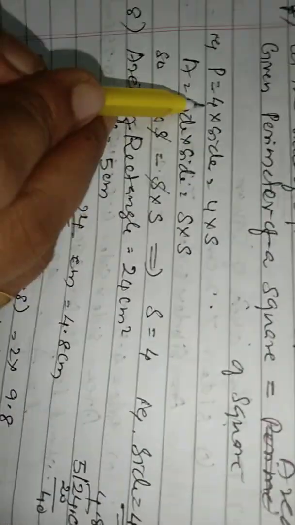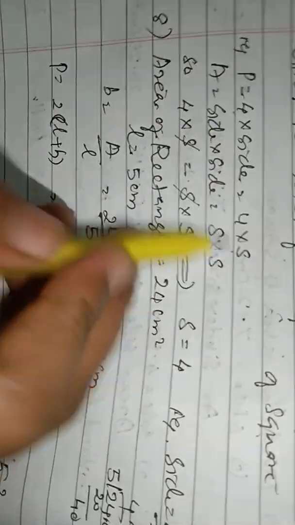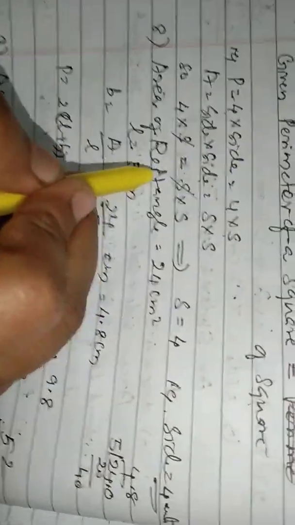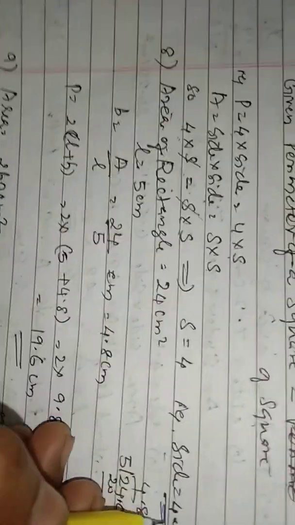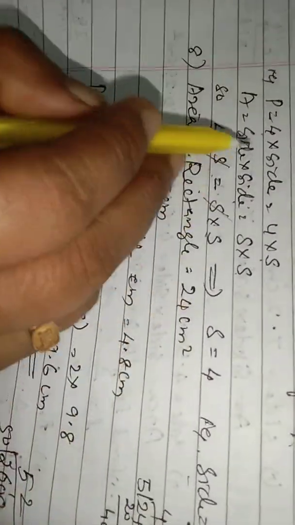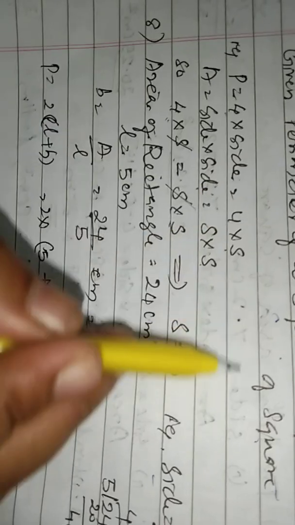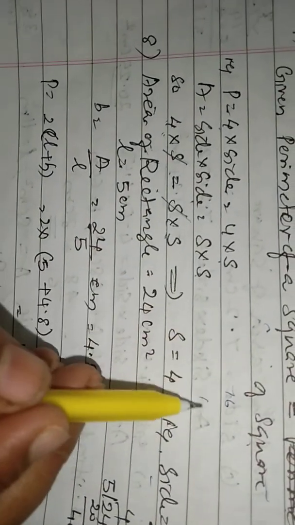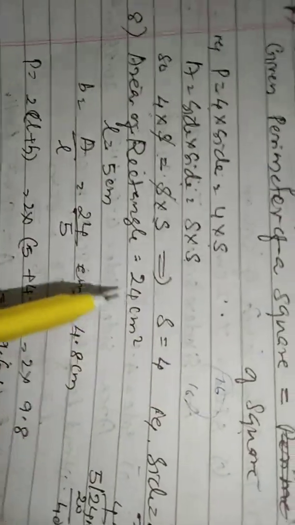The formula for perimeter is 4 into side, and area equals side into side. So 4 into side equals side into side, both are equal. We can cancel one side from both sides, so S equals 4, that means the side equals 4 centimeter. If you want, you can check it. 4 into side means 4 into 4, you will get 16. Side into side means 4 into 4, which is also 16. That is numerically equal.